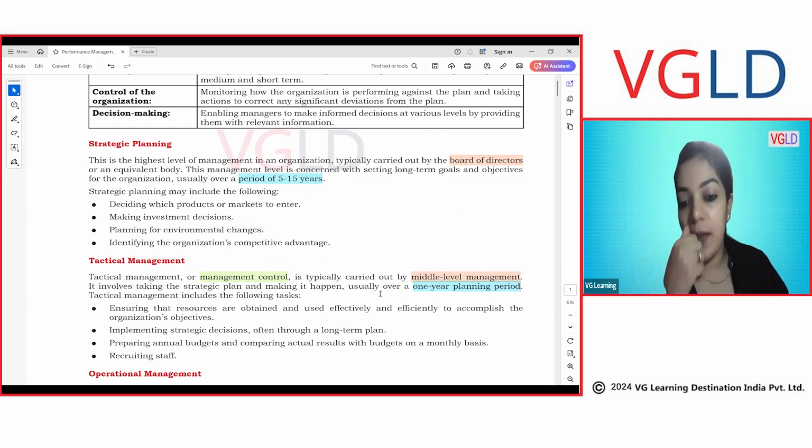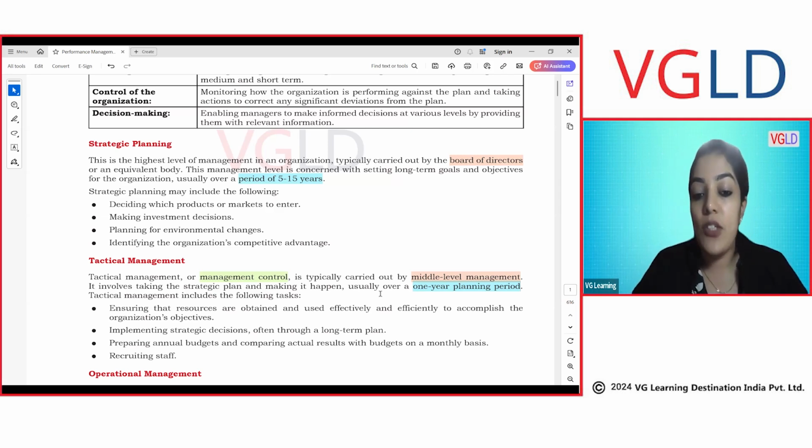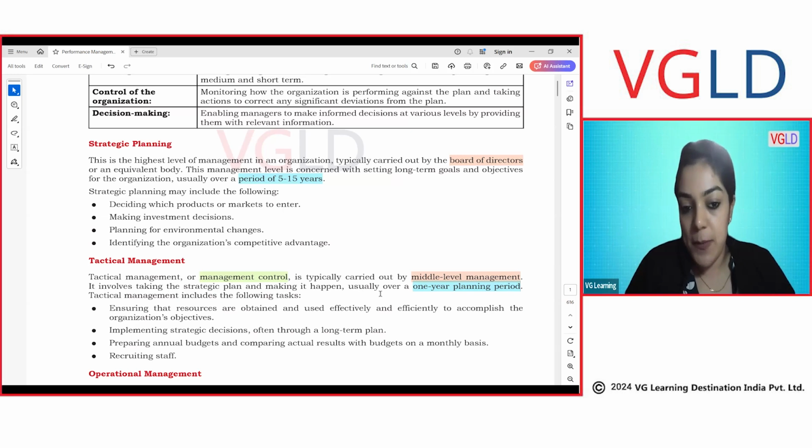Tactical management includes the following tasks. First, ensuring that resources are obtained and used effectively and efficiently to accomplish the organization's objectives. So it is the role of the middle level management to do what? To ensure that the resources are obtained and used effectively and efficiently to achieve the organization's objectives.